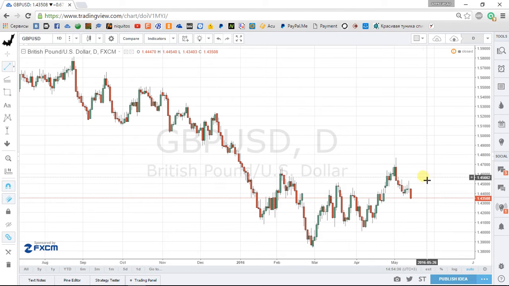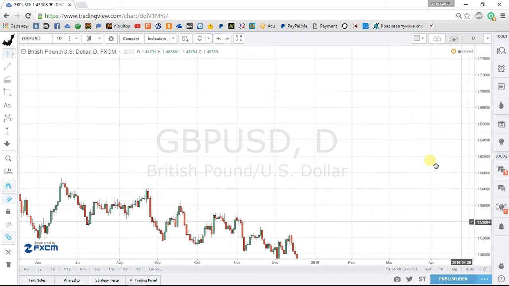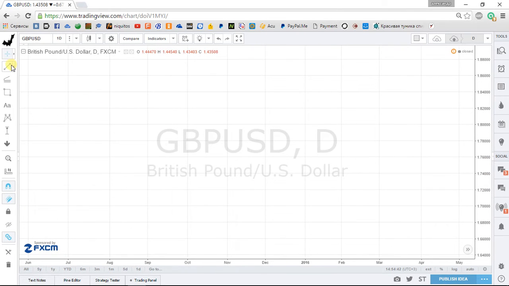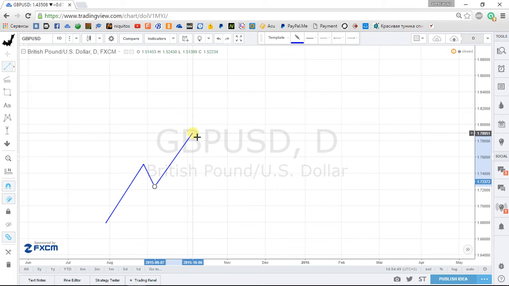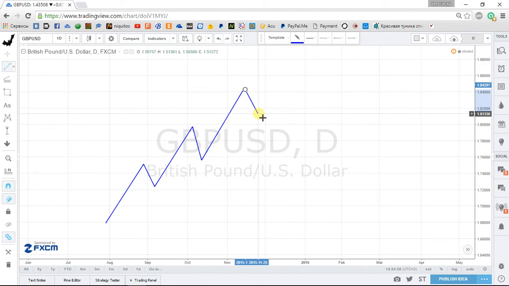Okay, to explain my views, I first need some empty space because I will be drawing some pictures. So I measure the power of the trend judging by its correction, like this. If the correction is small enough, then the trend is strong for me.